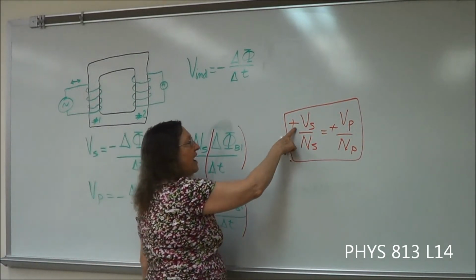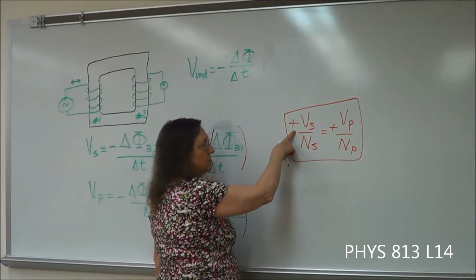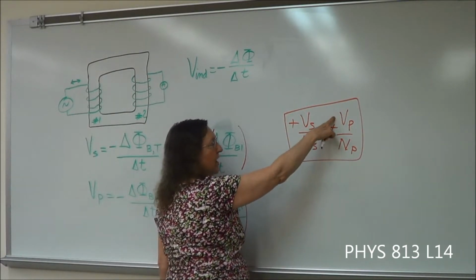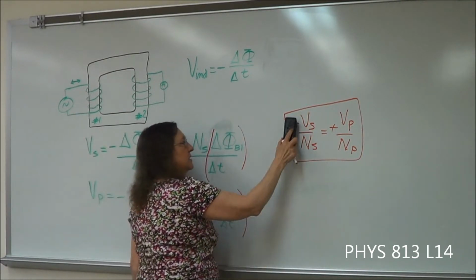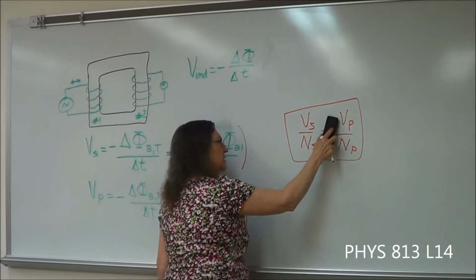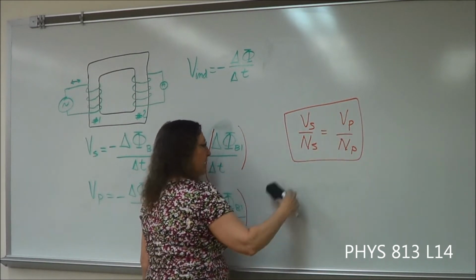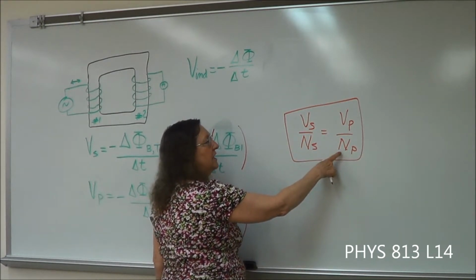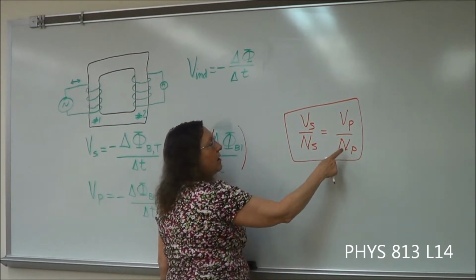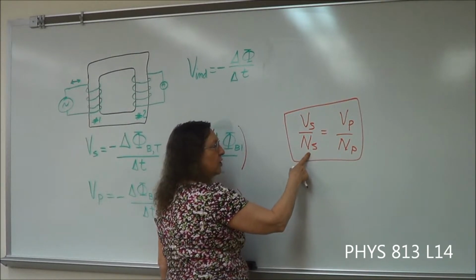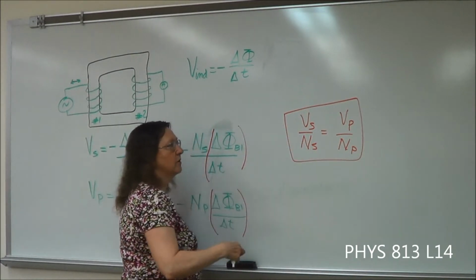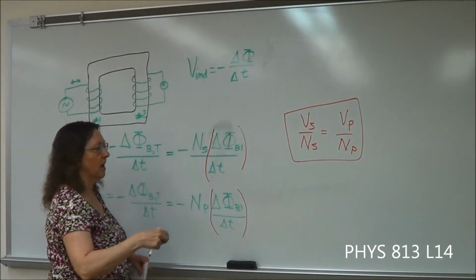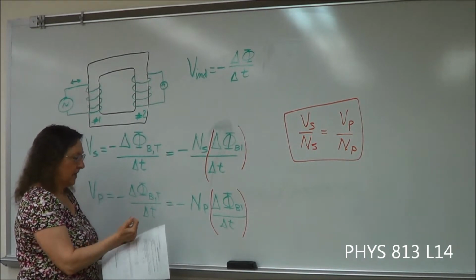If we have a voltage on the primary side, and I'm going to erase these pluses because I'm not used to them there, and we know how many turns there are on each side of the transformer, we can figure out what voltage we'll get out on the other side.